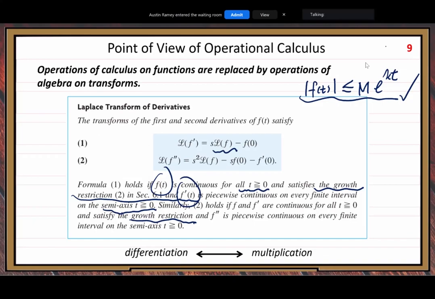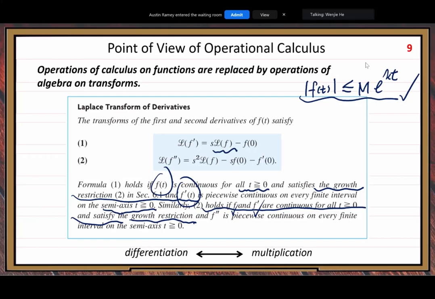For the second formula, now we need f to be continuous and to satisfy the growth restriction, meaning both. Later we can derive this by integration by parts.